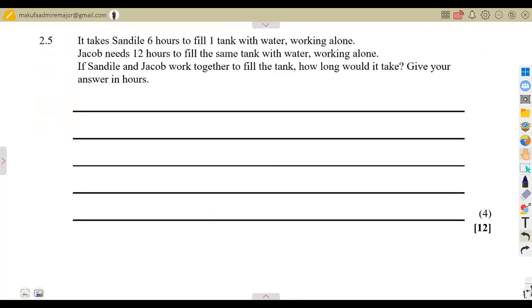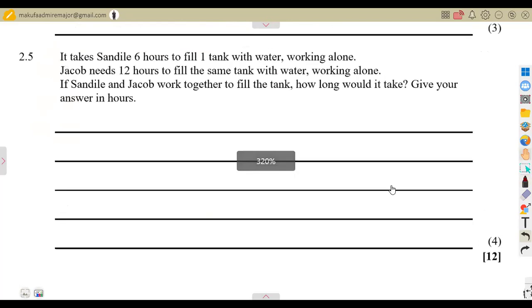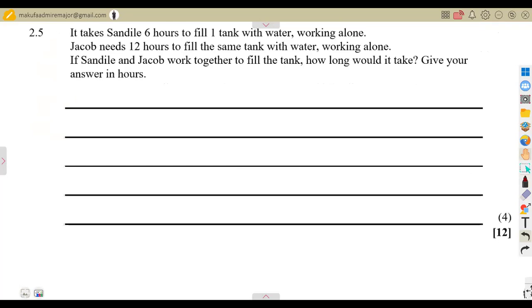On 2.5, we are given this, which is important when it comes to our ratios. It takes Sandile 6 hours to fill 1 tank with water. So take note, this is Sandile. She is to fill a tank in 6 hours, 1 full tank, working alone.